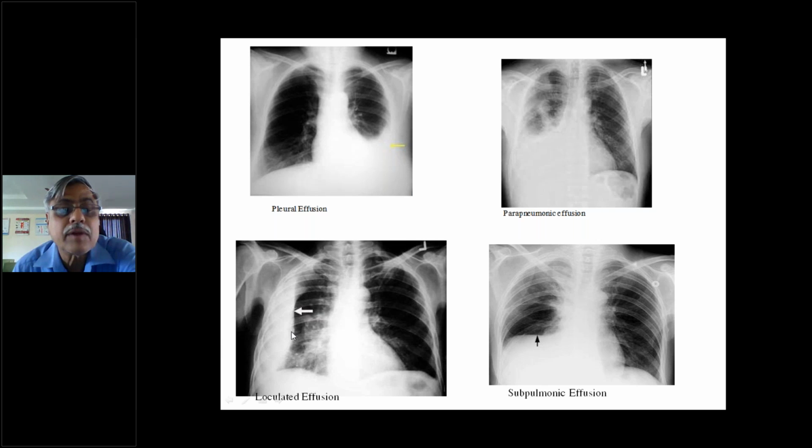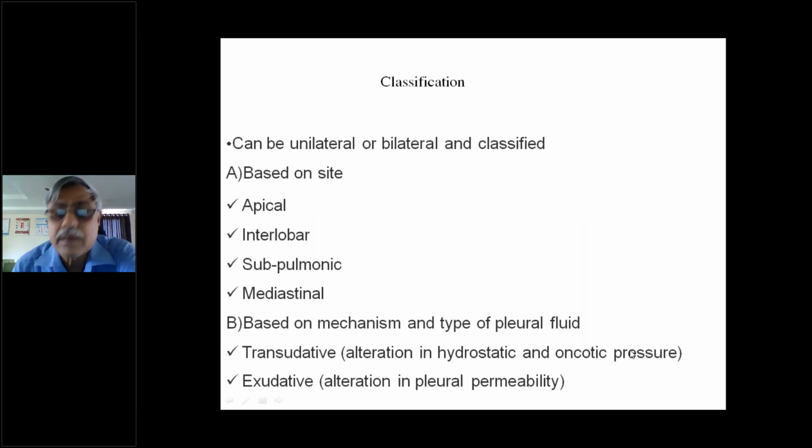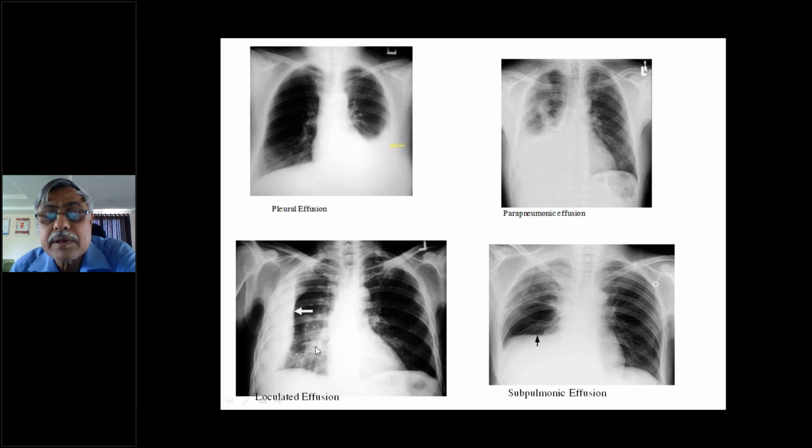That is loculated pleural effusion. This is subalveolar effusion. Subpulmonic effusion, you see here, the diaphragm is very high on the right side, elevated when compared to the left side. This is all effusion.